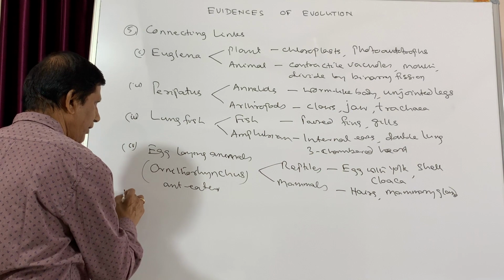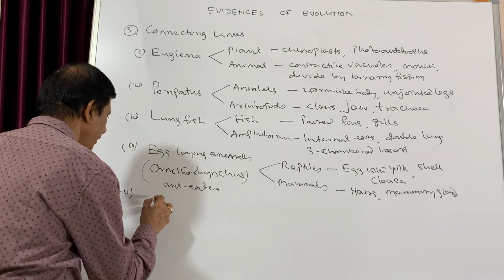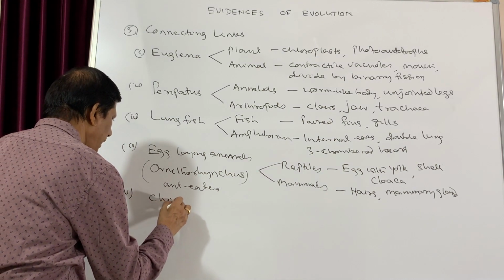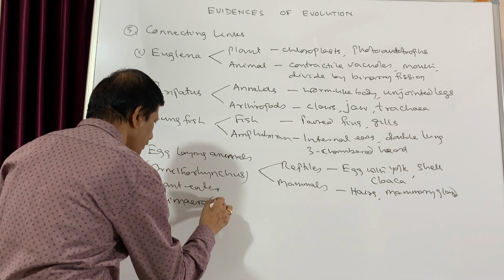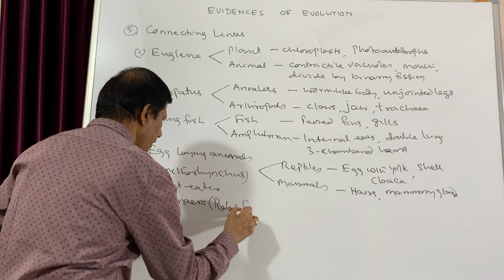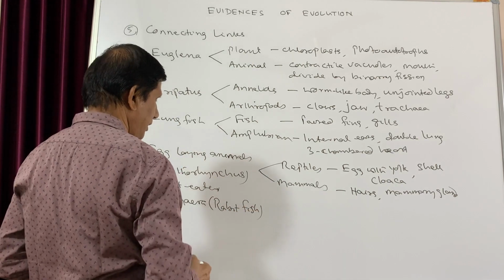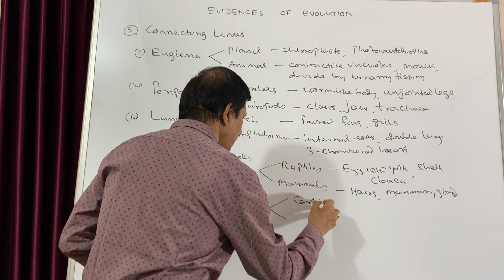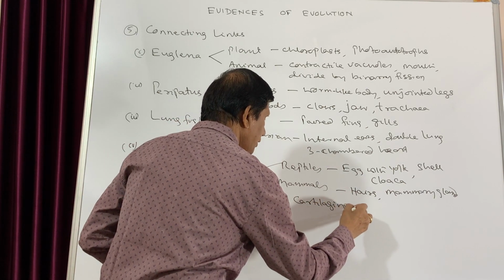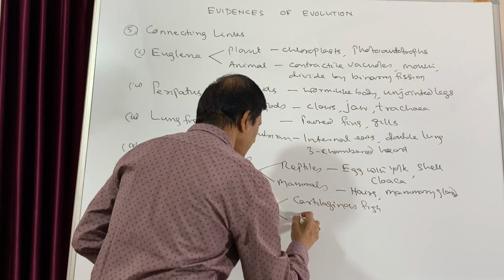The fifth one we can give is the example of chimera, or we can call it rabbit fish. Rabbit fish has similarities with both cartilaginous fish as well as bony fish.